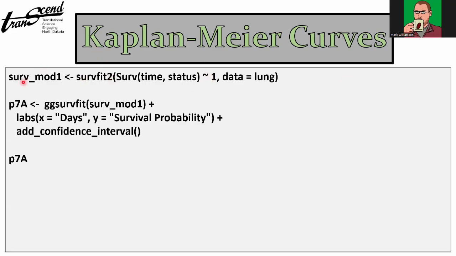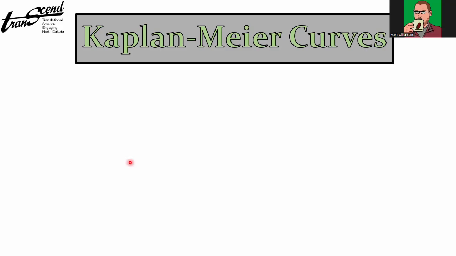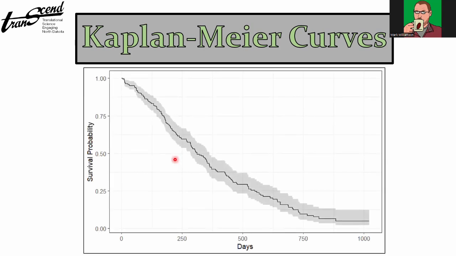To plot this survival model, we're going to use the function ggsurvfit with our survival model. We can label things, so I'm going to do days and survival probability, and then you can add an optional confidence interval. When we do that, we get a fairly straightforward Kaplan-Meier curve.